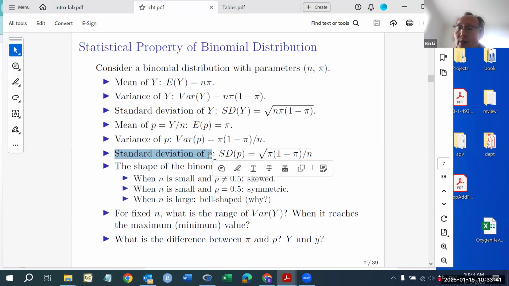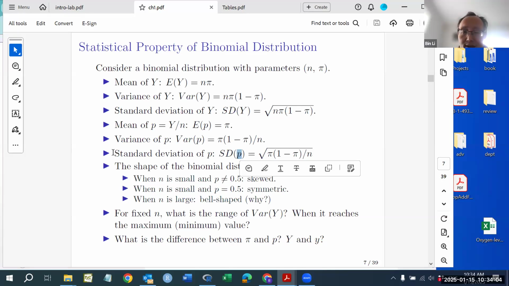Last time I mentioned that this is a statistic which is known, but remember it is also random. Although it's known, it's random, because this p is based on a random sample. If I change to a different sample, the p will be different.